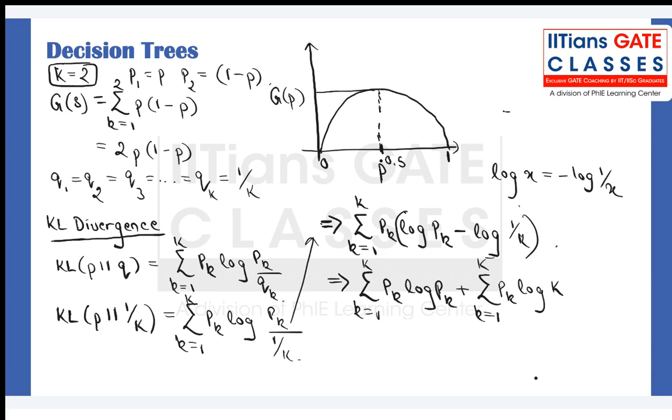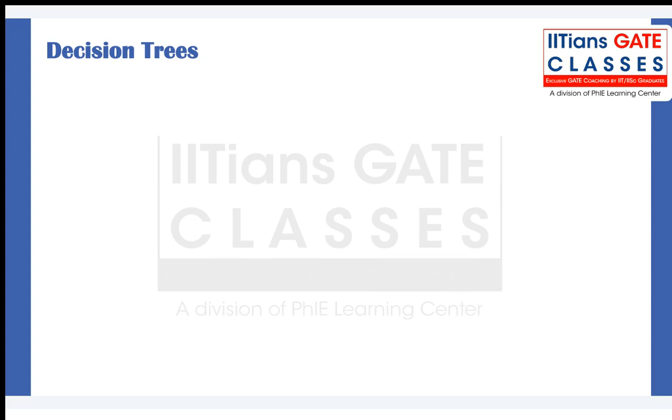Now log K is a constant. I can pull it out, so it is log K times summation k equal to 1 to capital K, pk, plus summation k equal to 1 to K, pk log pk.